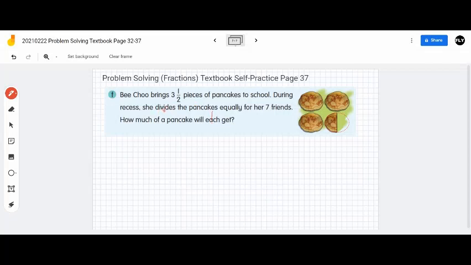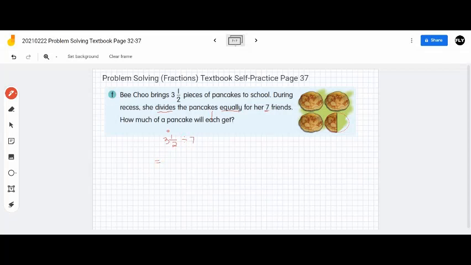This is a very direct question, which is divide equally. By how many people? 7. So Biju brought 3 1 over 2 and divided by 7 friends.